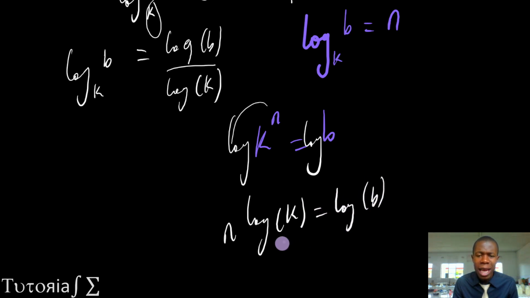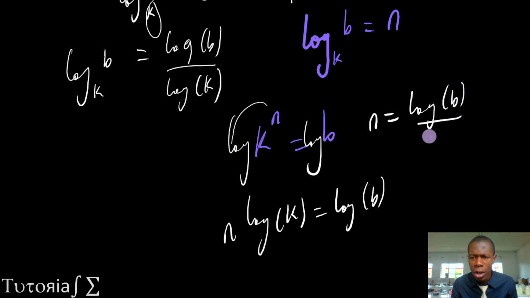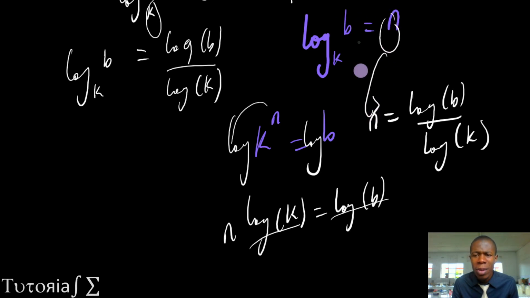If we make n the subject of the formula there, n becomes equal to log of b divided by log of k, since we divide by log of k. So we see that n is actually equal to this. Basically, that's the proof for that.